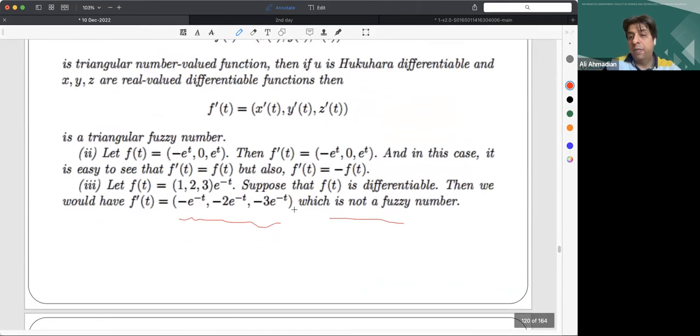It is not a fuzzy number. Because I cannot discuss more on this interesting topic, if you're interested, please read more details of what's happening. If you understand fuzzy differentiability, fuzzy numbers and operations, then I can tell you you got half of the concept.